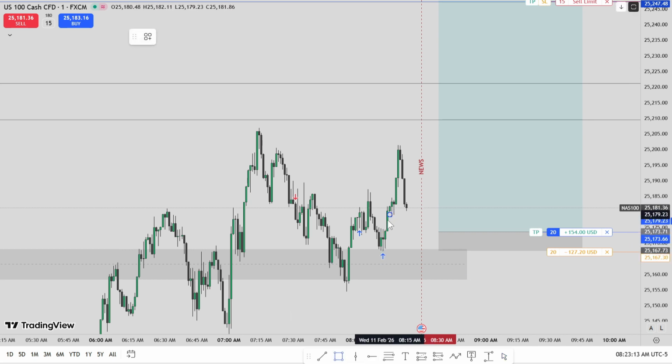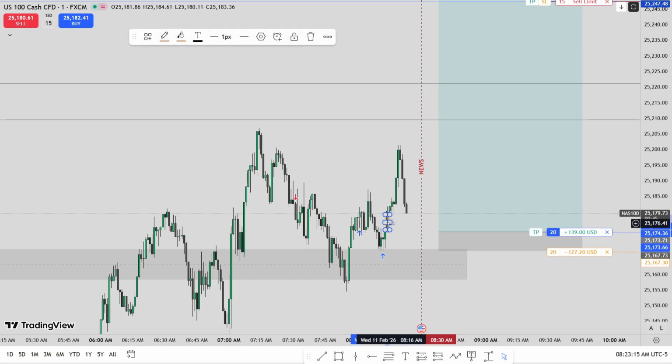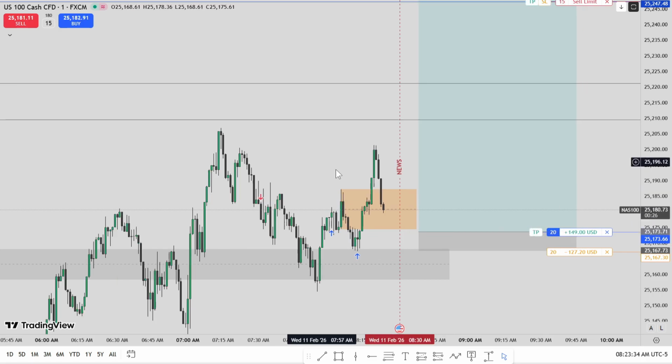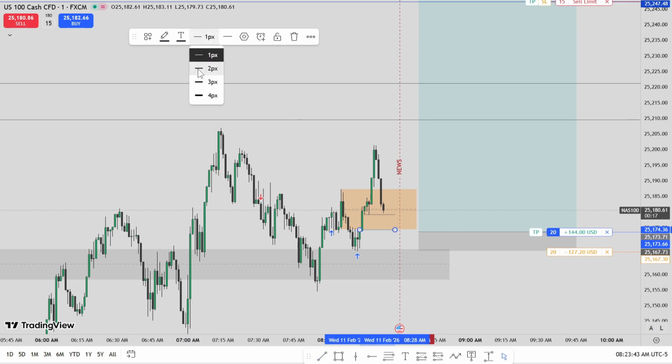I'm going to be looking at how it reacts to this gap, and we also have this breaker, this up close candle where our price is currently within this candle. I want to see how it reacts, and we have this gap right around here. So it's going to be fun to see what the news does today.